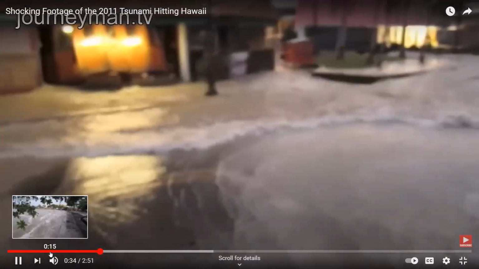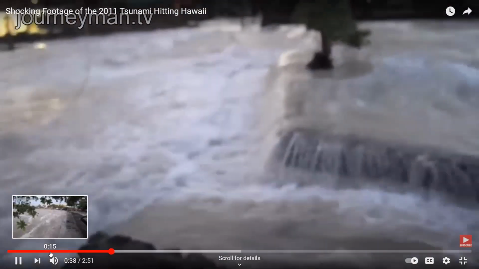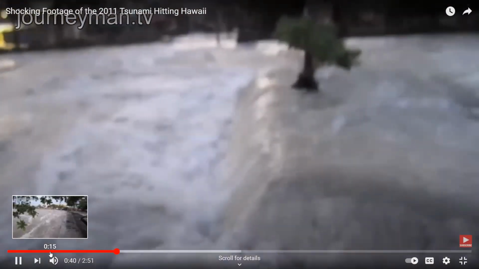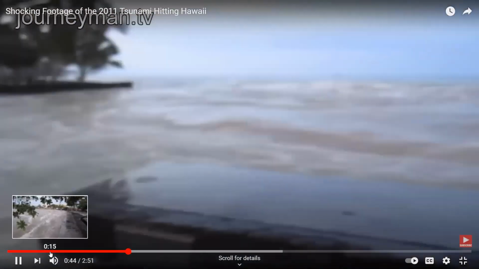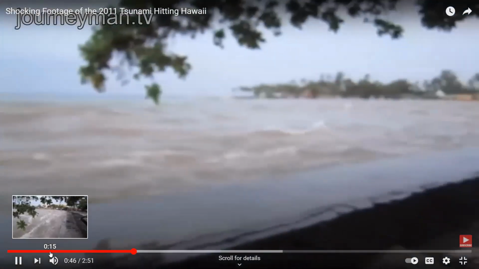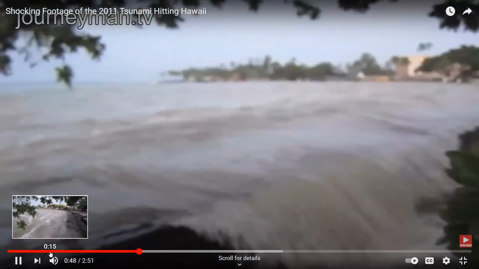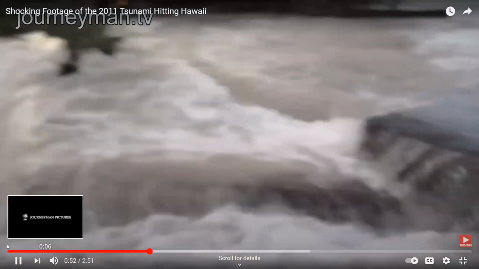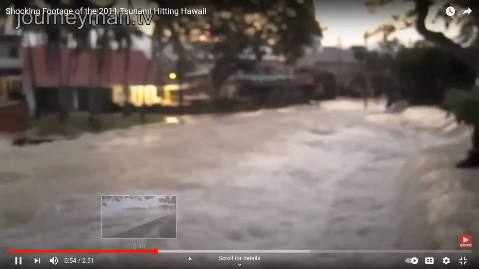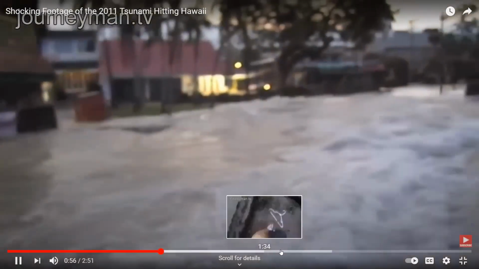That is big. That is absolutely massive. Just lost my shoes. This is coming straight over the wall onto the main road. That is absolutely unbelievable. Here it comes again. Pouring over the wall. You can see a car making a run for it out there. I am completely stranded.